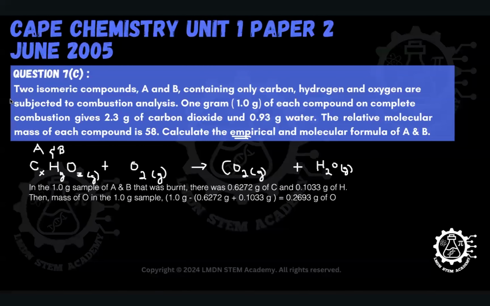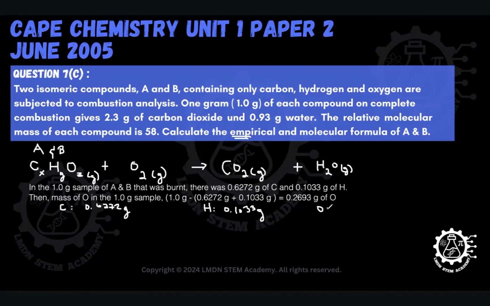So essentially, what we have now from an empirical standpoint is, for carbon, 0.6272 grams. For hydrogen in our original 1 gram sample, we had 0.1033 grams.